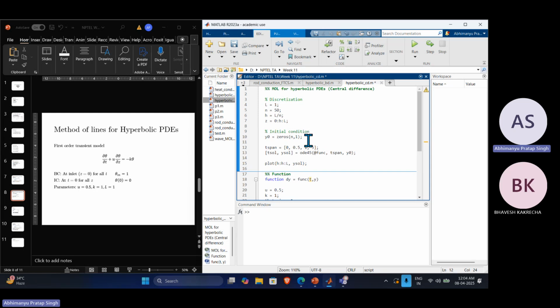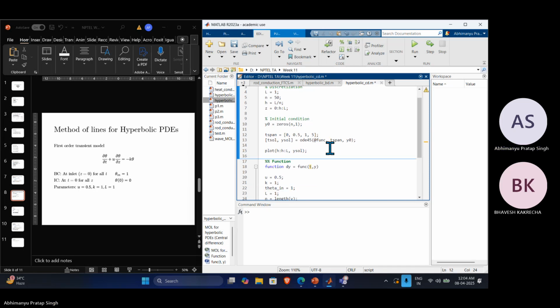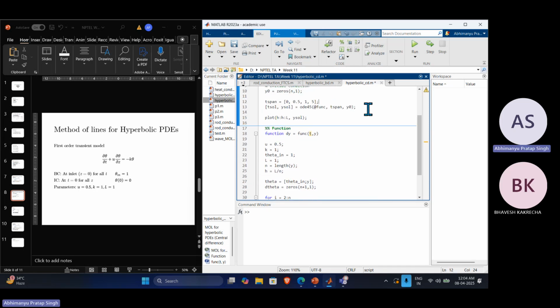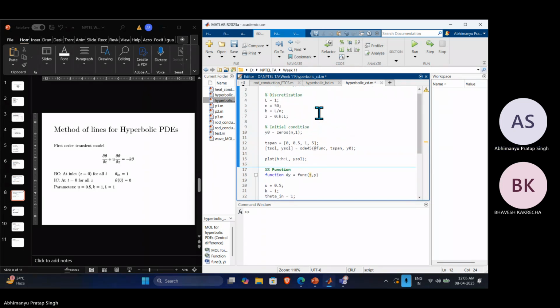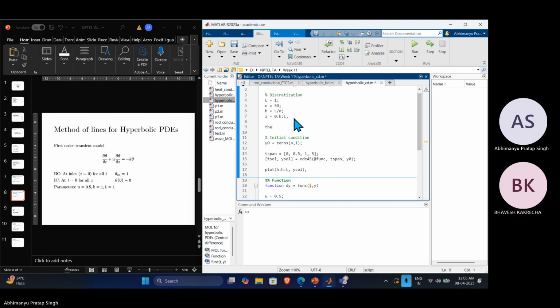And then I'm using a t-span value, like I'm just putting my result at t is equal to 0, 0.5, 1, and 5 seconds. This is my ODE45. So y0 I'm taking from, so I have n plus 1. Okay, let me, this is confusing.